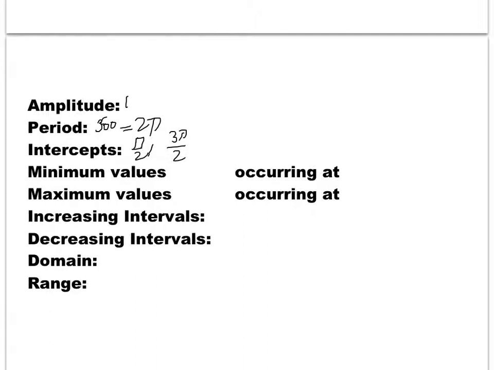Now, can somebody think of a formula in general to find the x-intercepts of a cosine function? If there is no constraint on the domain, I can write the x-intercepts are 2n plus 1 times pi over 2. n can be any integer, positive or negative.